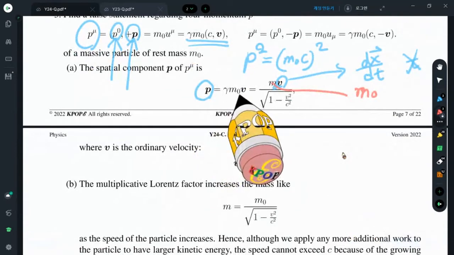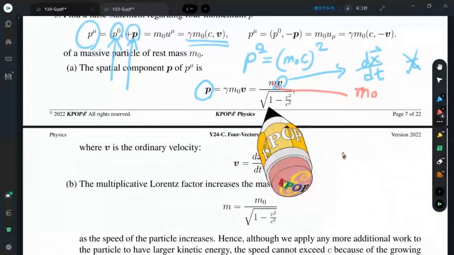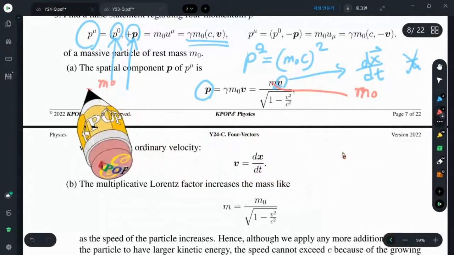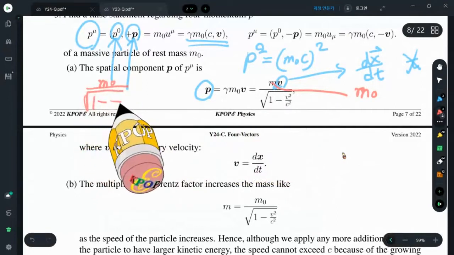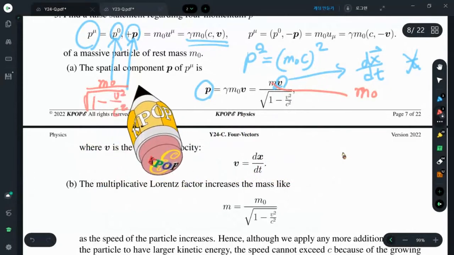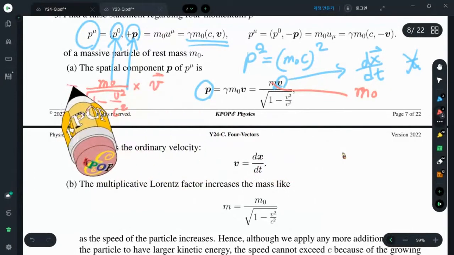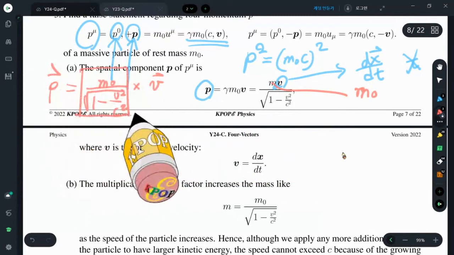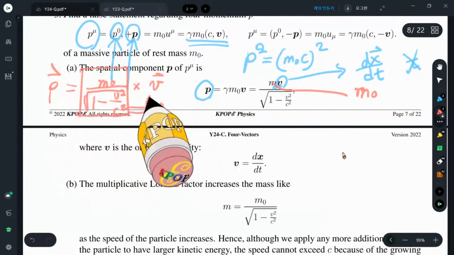So we have a gamma factor, and we can interpret this as the mass.